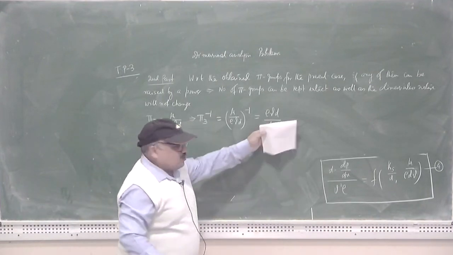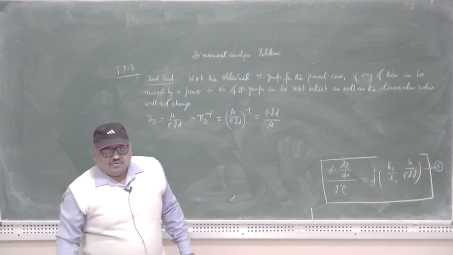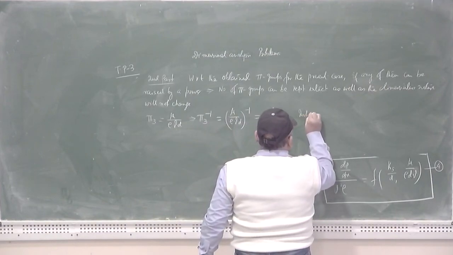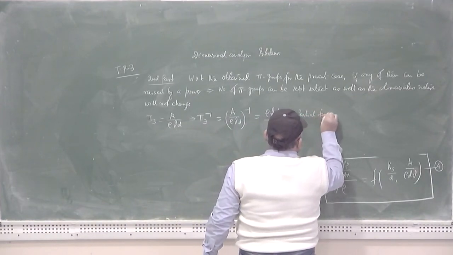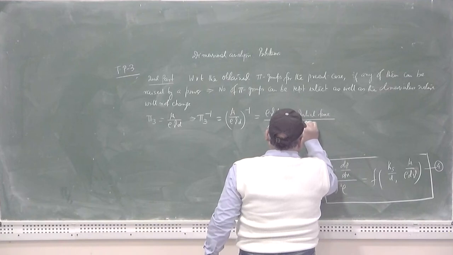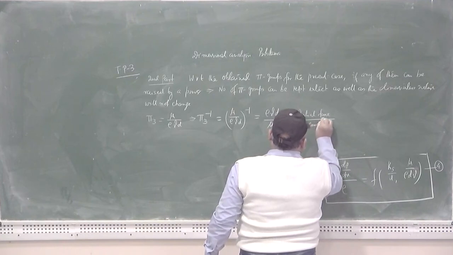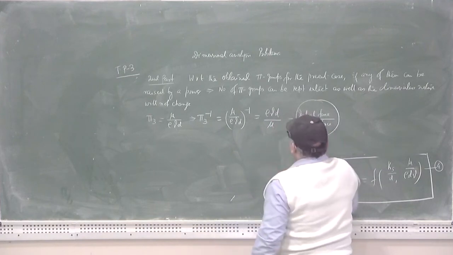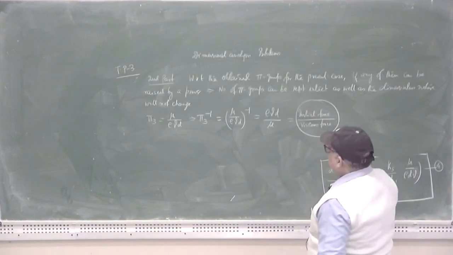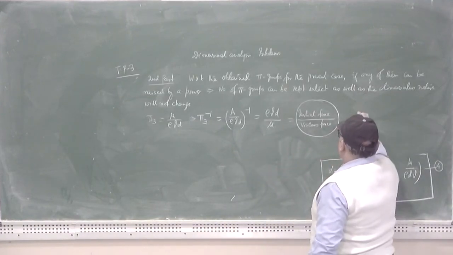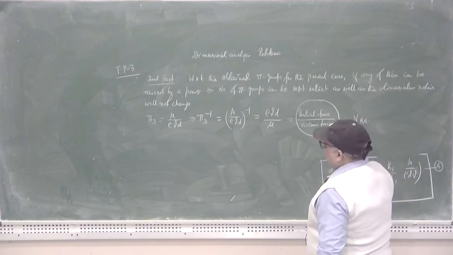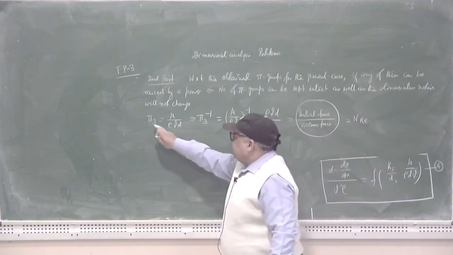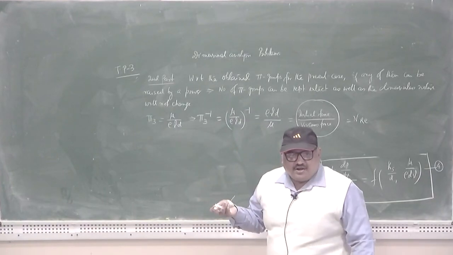What is this quantity rho v d by mu? That is inertial force divided by viscous force, and as I have told you earlier, inertial force divided by viscous force is a dimensionless number called the Reynolds number. So pi 3 raised to the power minus 1 is the Reynolds number.